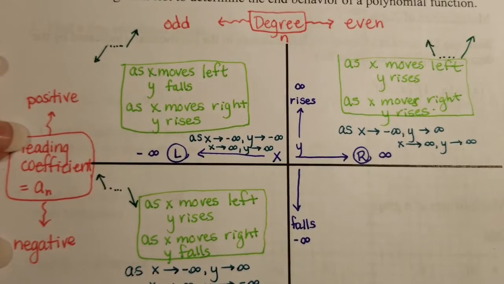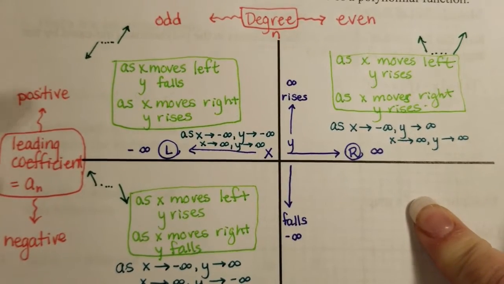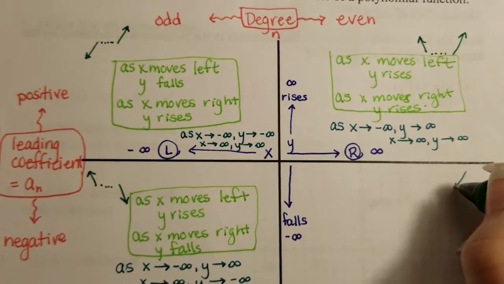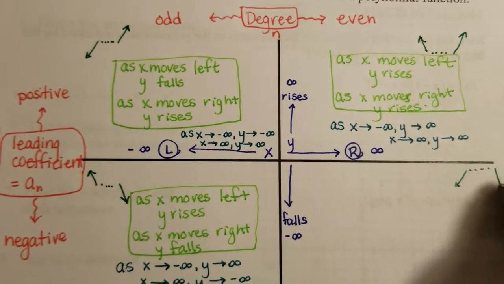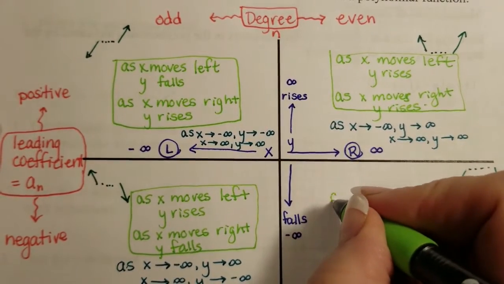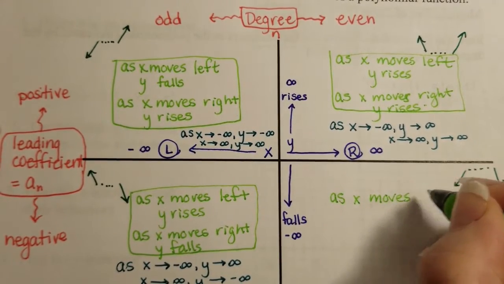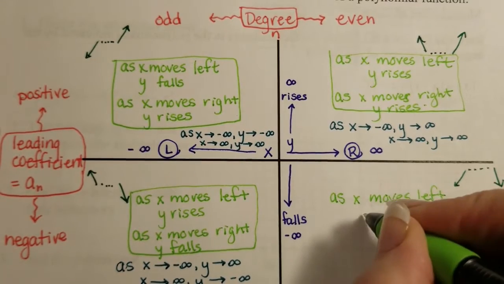And then our last possibility is when the degree is even and the leading coefficient is negative, where both ends are going to be looking down. So we're going to state as x moves left, y falls.